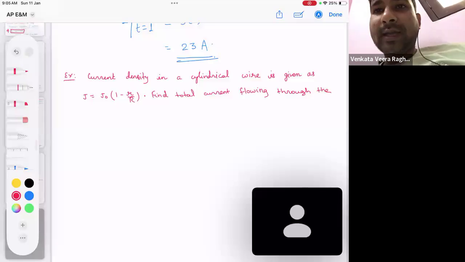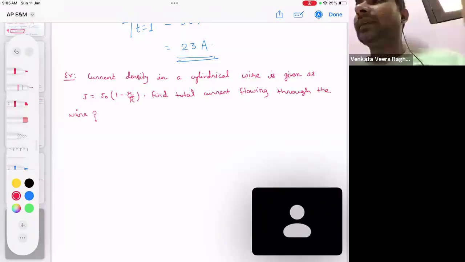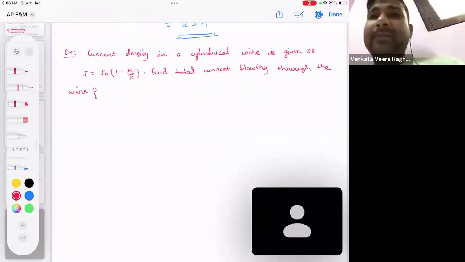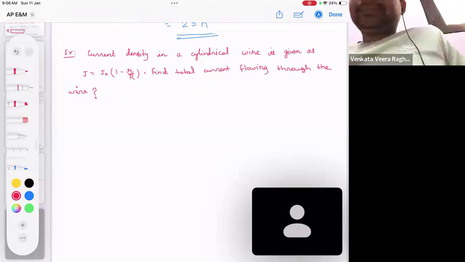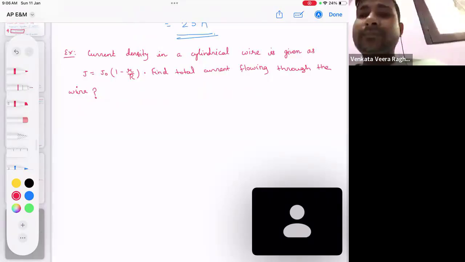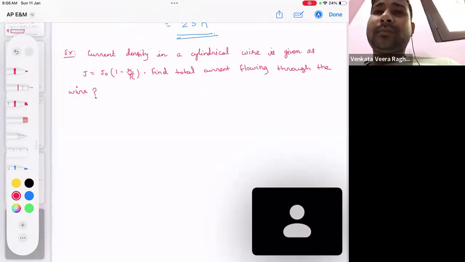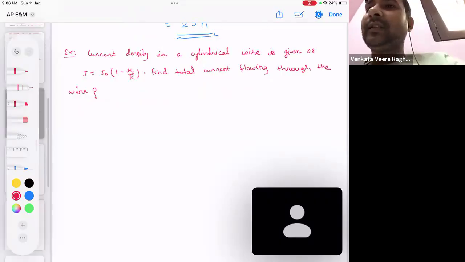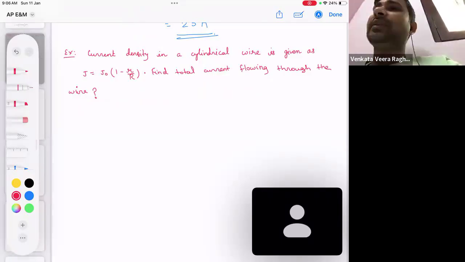So tell me, how do we calculate the current from the current density? What is the relation between current and current density? Please try this one and tell me what is the answer coming. Current density is given in the problem, and from the current density, we have to calculate the current in the wire.